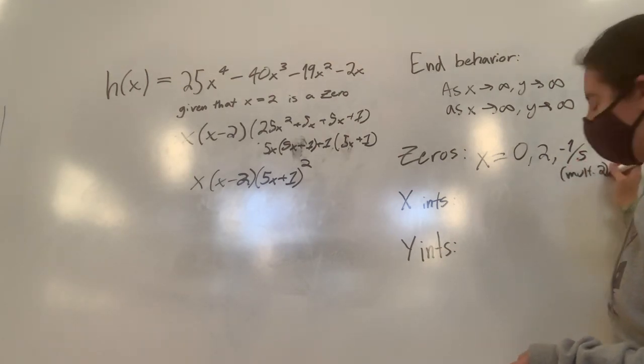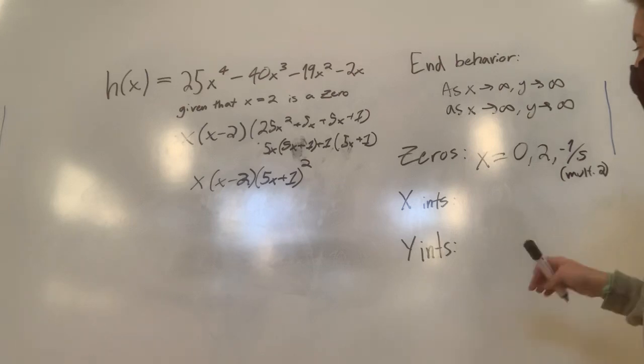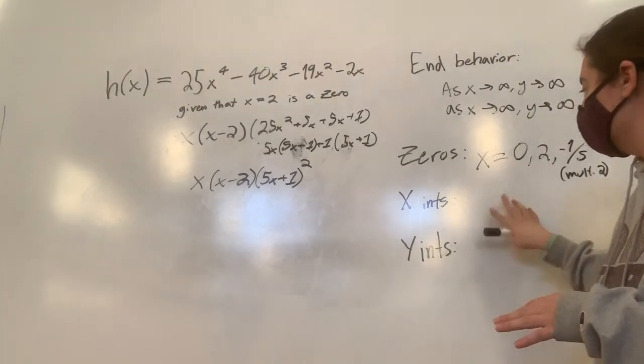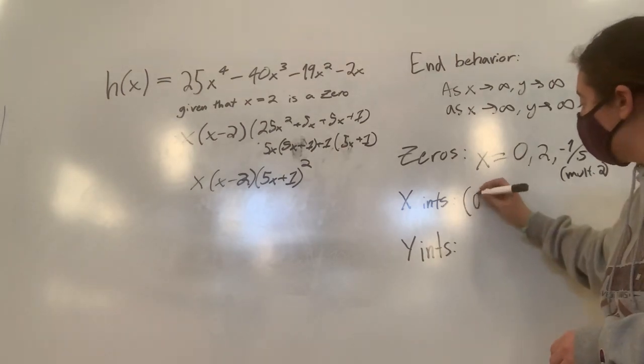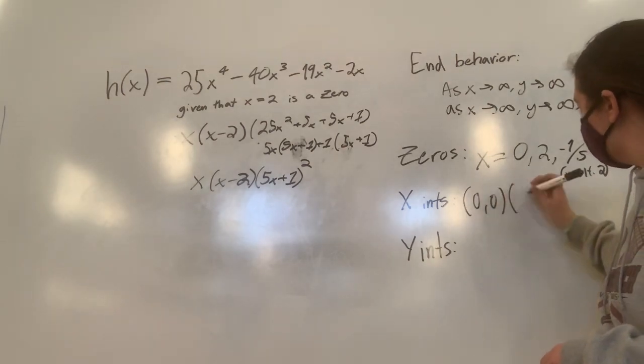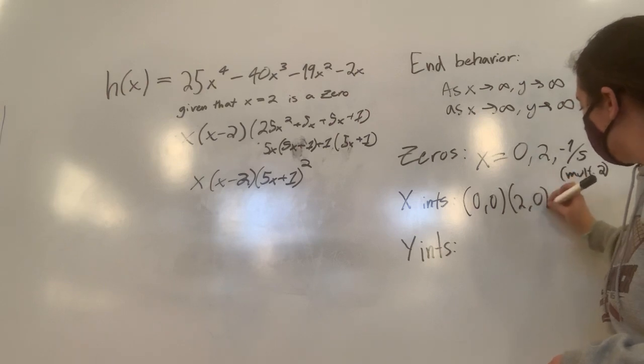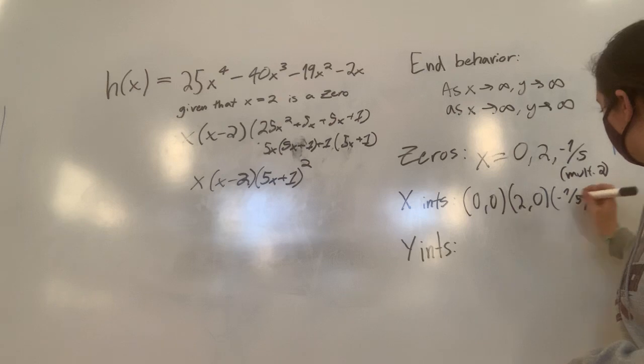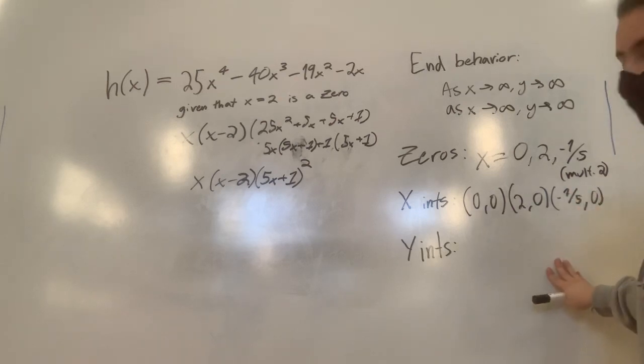Now we use our zeros to find our x-intercepts, because all of these are real zeros, so they're all going to be x-intercepts. We have them at (0, 0), (2, 0), and (negative 1/5, 0).